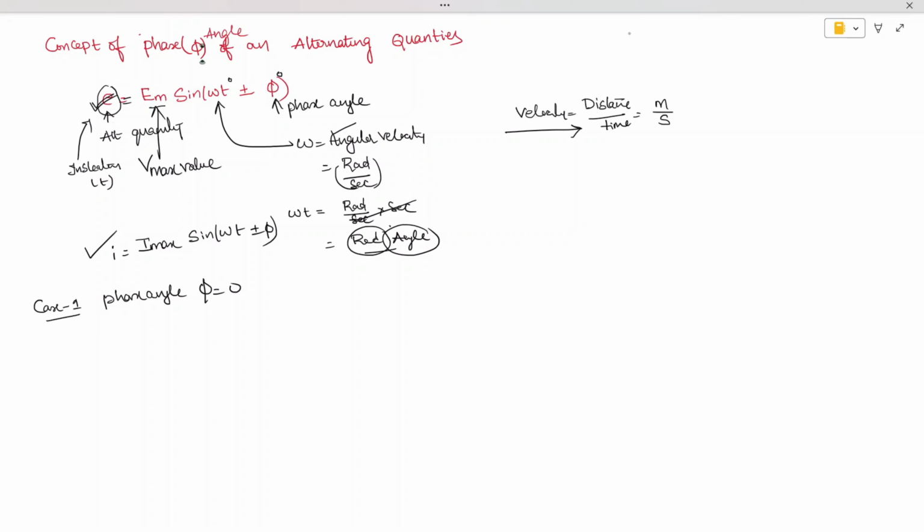Whenever phase angle phi is equal to 0, I can write the induced EMF e equal to E maximum sine of omega t plus or minus 0 degrees, and i is equal to I maximum sine of omega t plus or minus 0. Here you can see the phase difference between these two is 0. So the phase difference between the induced voltage and current is phi equal to 0, because 0 minus 0.